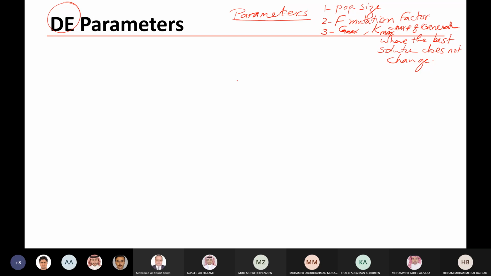So this is the Kmax, and the maximum number of generations is Gmax.